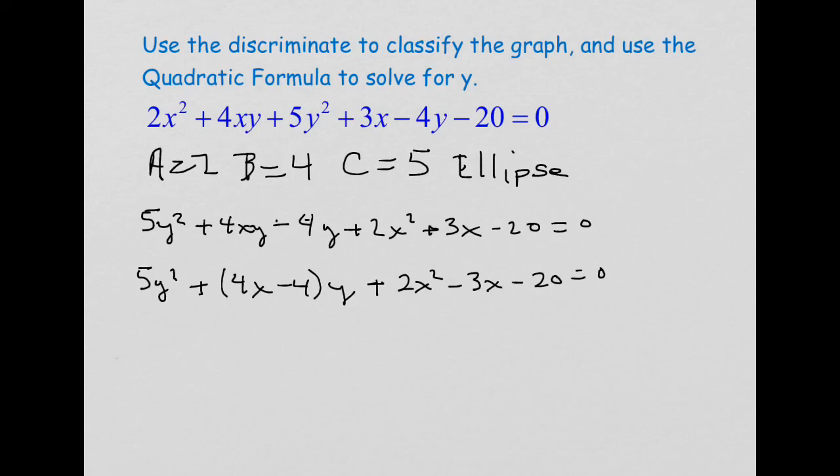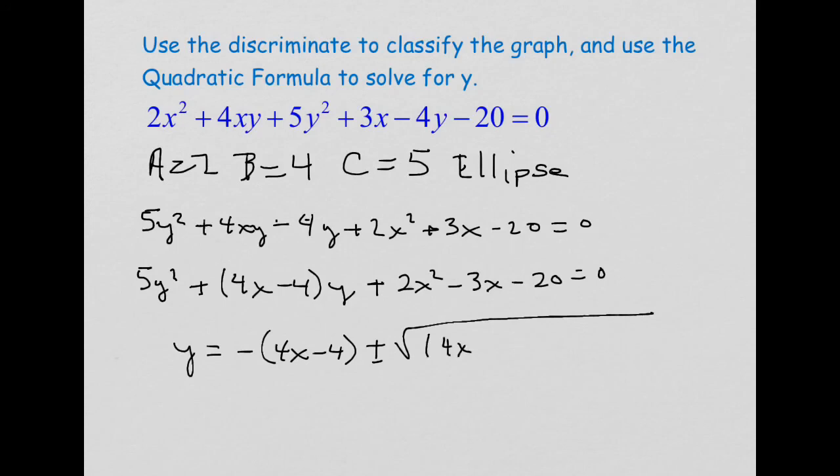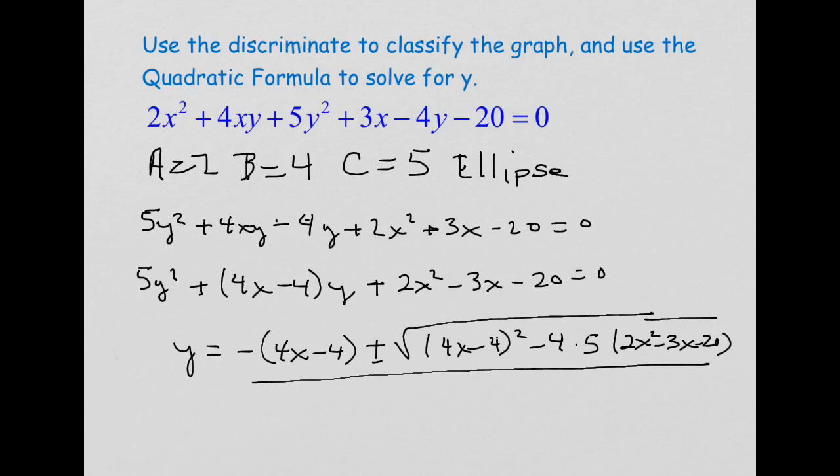Okay, so I plug in y equals negative (4x minus 4) plus or minus the square root of (4x minus 4) squared minus 4 times 5 times (2x squared plus 3x minus 20), all over 2 times 5.